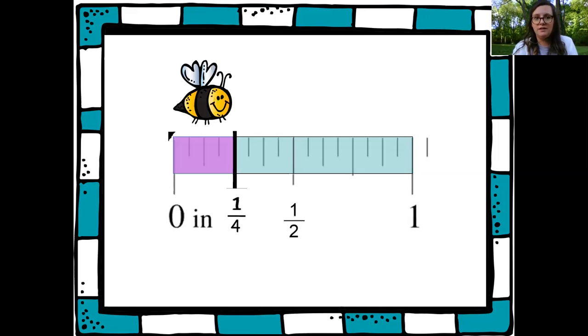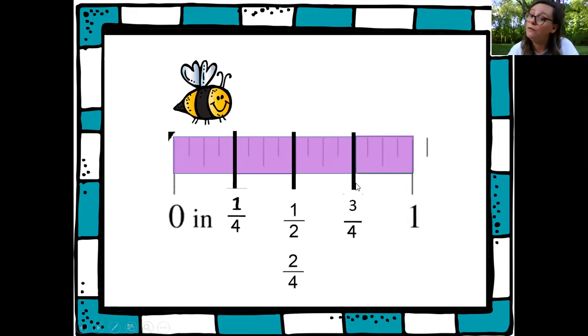I look, boys and girls, and see that that is called 1/4, because if I count how many pieces there are all together, there are 4. and the bumblebee takes up 1 out of 4. So we've got 1/4, then 2/4, 3/4, and then the whole, or 4/4. So our bumblebee is 1/4 of an inch.